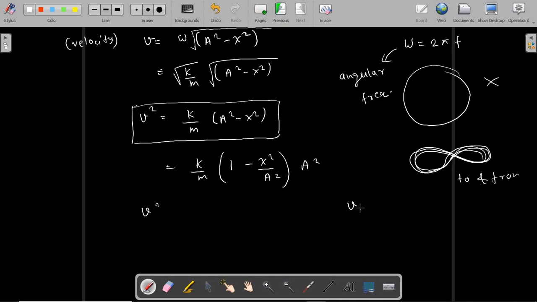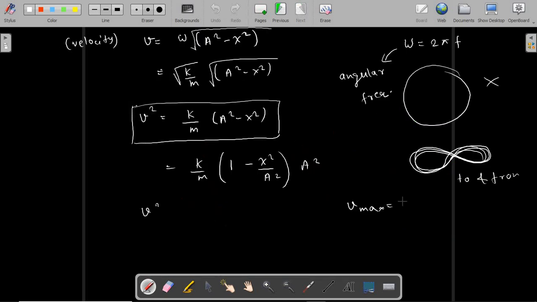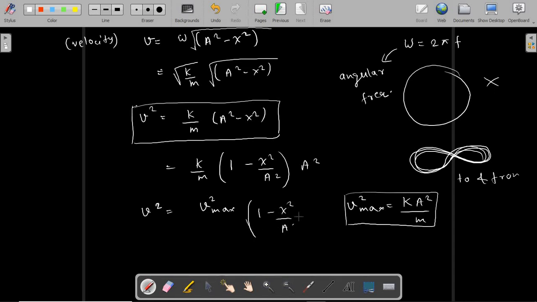Now v max, what is v max? This is the maximum velocity, right? So v maximum is the square root of k a square over m, that is v max. So can I write v square is equal to v max square times 1 minus x square over a square?